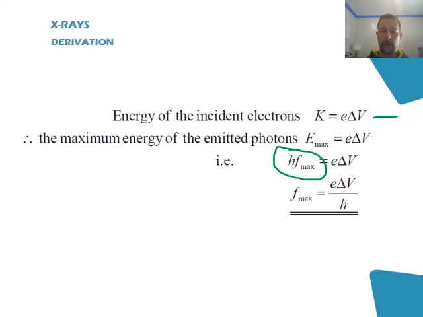And what we can do, we can equate the two, being this equation, and rearrange, and we find that the maximum frequency is dependent on the charge on the electron, the voltage, and Planck's constant. Now we know that the charge on the electron and Planck's constant are constants, so the maximum frequency is solely dependent on the potential difference through that tube.